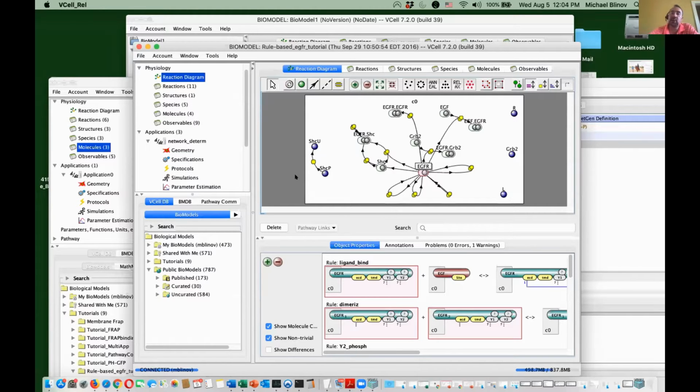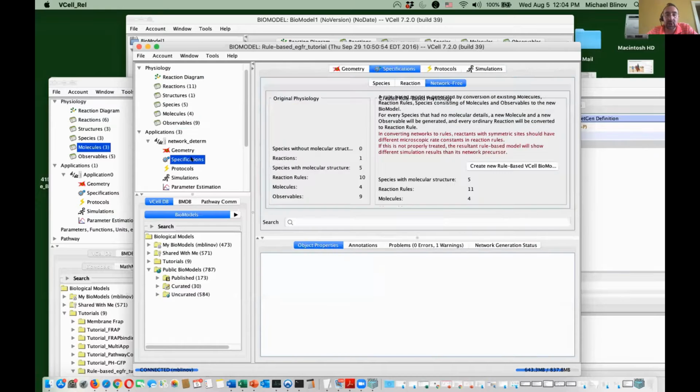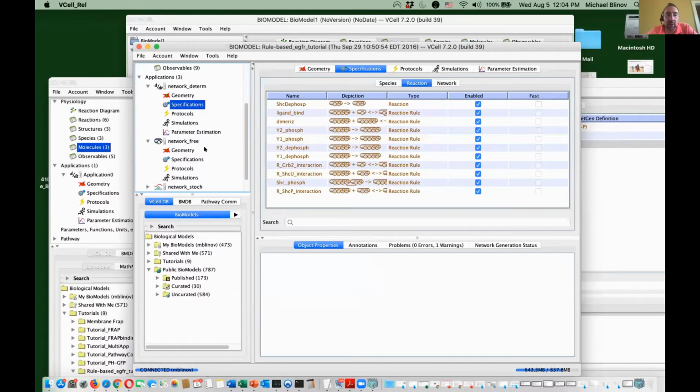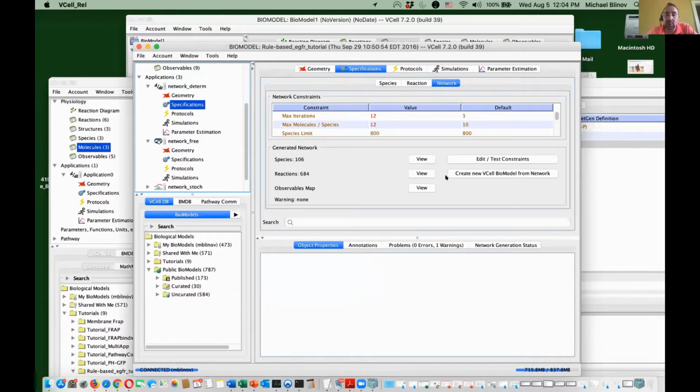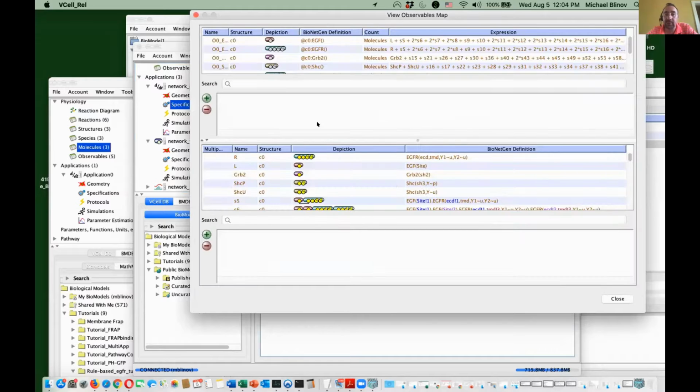And the answer is yes. Observable is just a function. I mentioned that observable is the set of species, but I was not correct, because observable is a sum of all species that have these features. So if you have dimers, then observable, so let's go here, specification, network, observable.